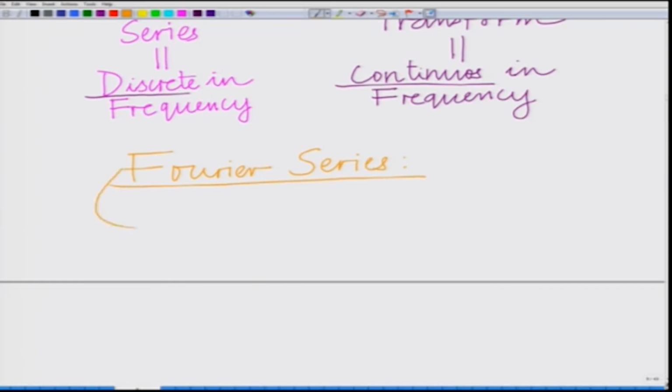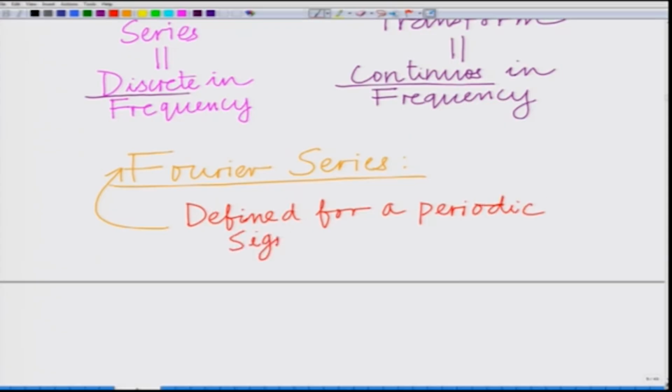It is important to remember that the Fourier series is defined for a periodic signal x(t).